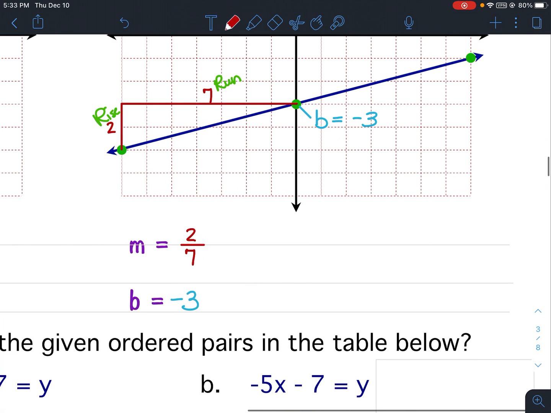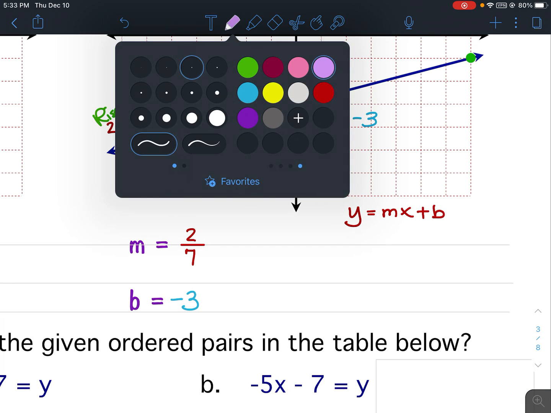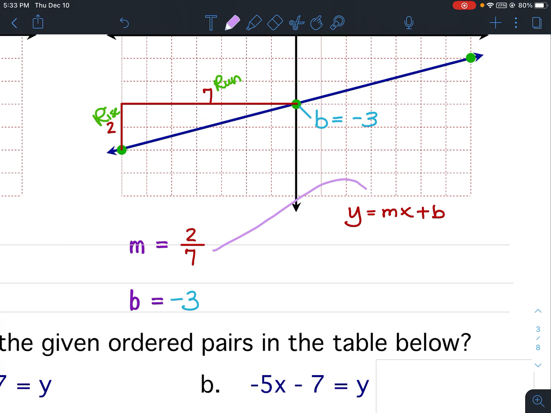Now we're going to take that information and put it into the equation y equals mx plus b. So the 2/7 will go in for the m, and the -3 will go in for the b. I'm going to start with my 2/7. It's the coefficient of x.